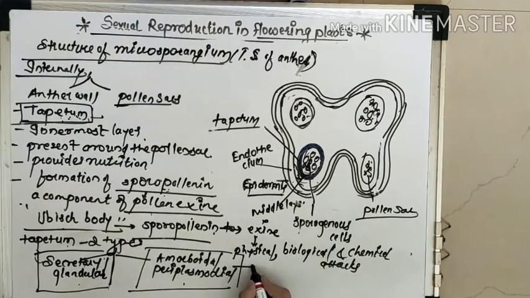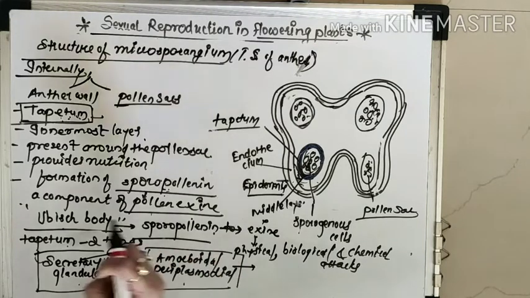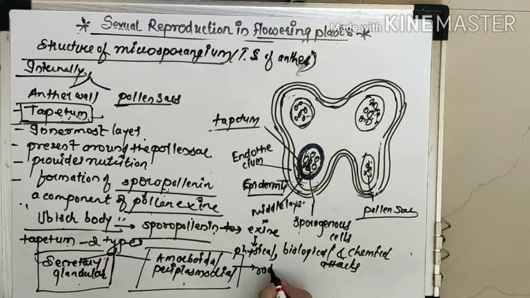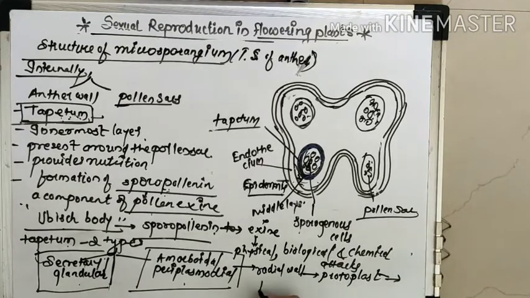What happens in the amoeboidal type? The septal cells break the radial wall and release the protoplast. Where do they release the protoplast? In the pollen chamber.